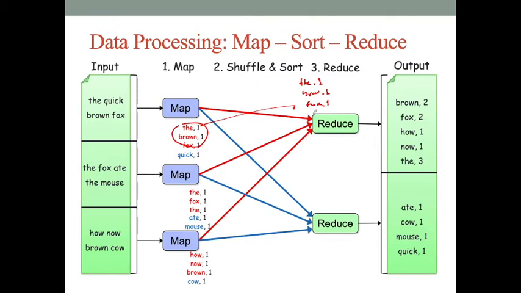Then one fox, one the, one the, one how, one now, one brown. All this is going to be the input for this. This is the key and this is the value. And then this reducer is going to be processing that.